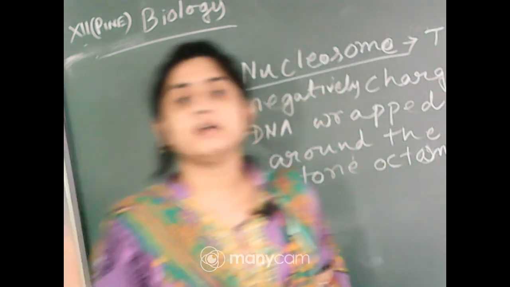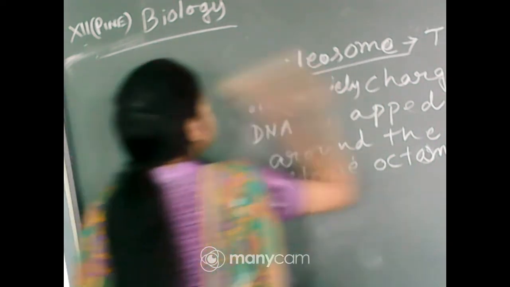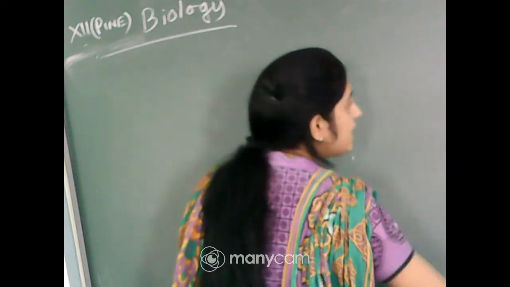DNA just coils around the histone octamer. Actually the structure of the nucleosome looks like a globe.